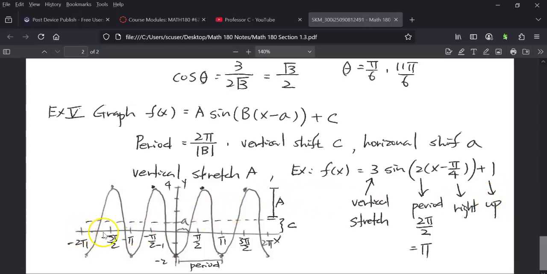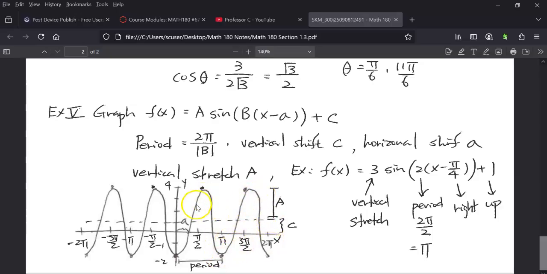So you take pretty much your entire sine curve, and you're going to go up 1. This new dashed line here is going to be, think of it as, the original x-axis. Then remember our period is now only pi, so every pi we're going to repeat. From here to here, you have one of the pi's, and then from here to here, you have the second one.